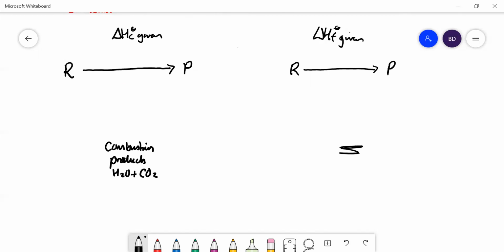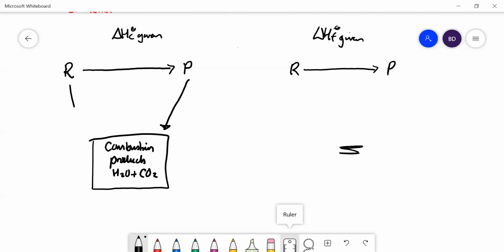And which way do our arrows go? Well, when we combust something, you turn it into the combustion products. You don't turn the combustion products into that, so that would be wrong. The arrow's got to go that way. We're turning the reactants into combustion products. And if we wanted to find out delta H here, for the reaction, then we'd have to go around that way. So we're sticking with this arrow, and that arrow we're going against, so we flip the sign for that one.